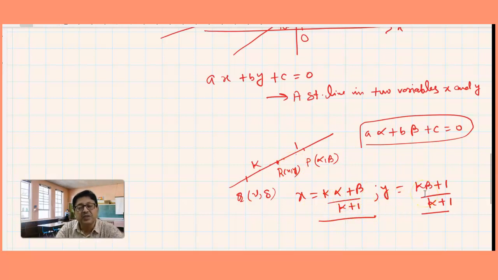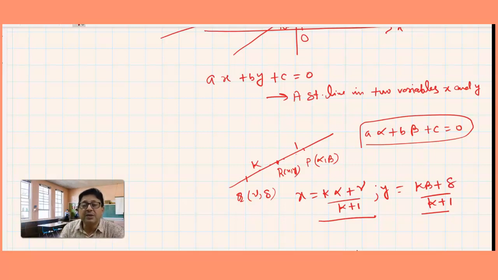Now the question is, do they satisfy this condition? Wait a minute, I wrote it wrong. It will be k gamma plus alpha, no: x is k alpha plus gamma by k plus 1, and y is going to be k beta plus delta by k plus 1. So this point must lie on the line.